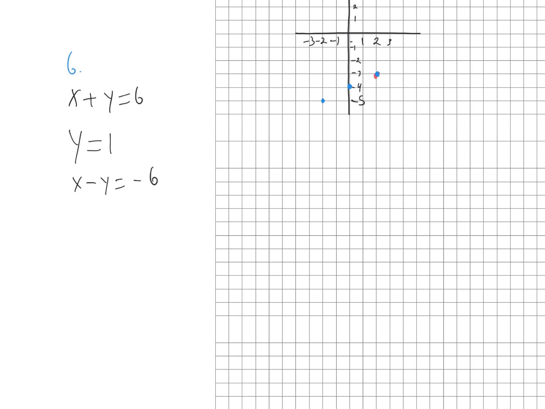All right, now that we have these equations here, they want us to graph these lines. So the best thing for me to do is to create a new graph right over here. It's going to go number 6.